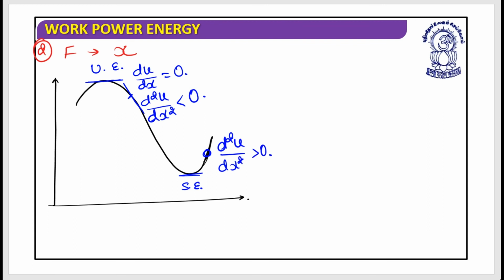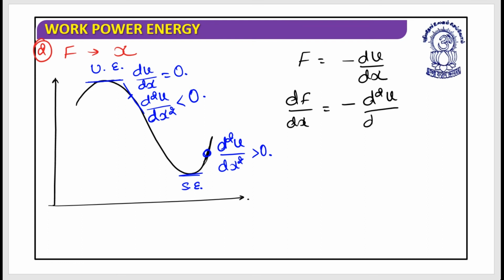Now I have the relation F equals minus du by dx. From this I can have the relation, differentiating it, dF by dx equals minus d square u by dx square.